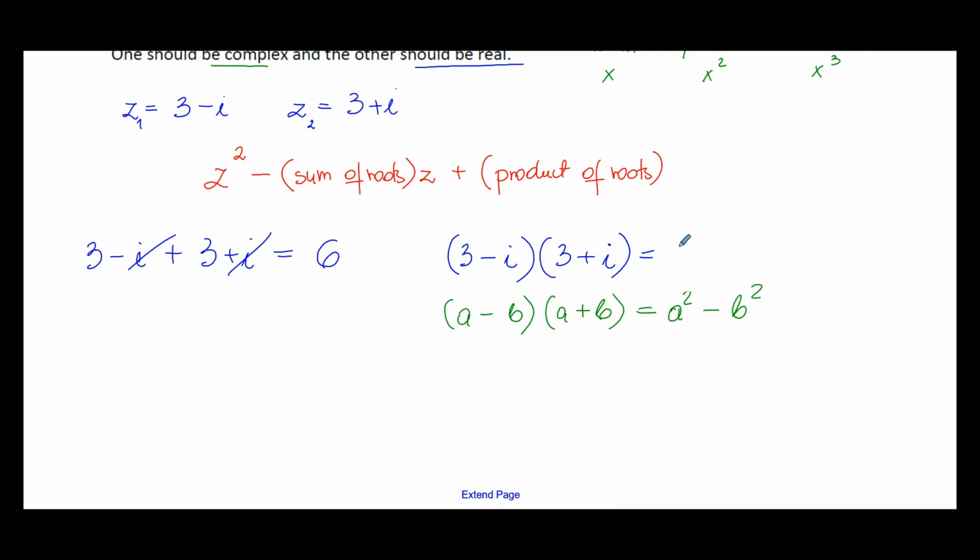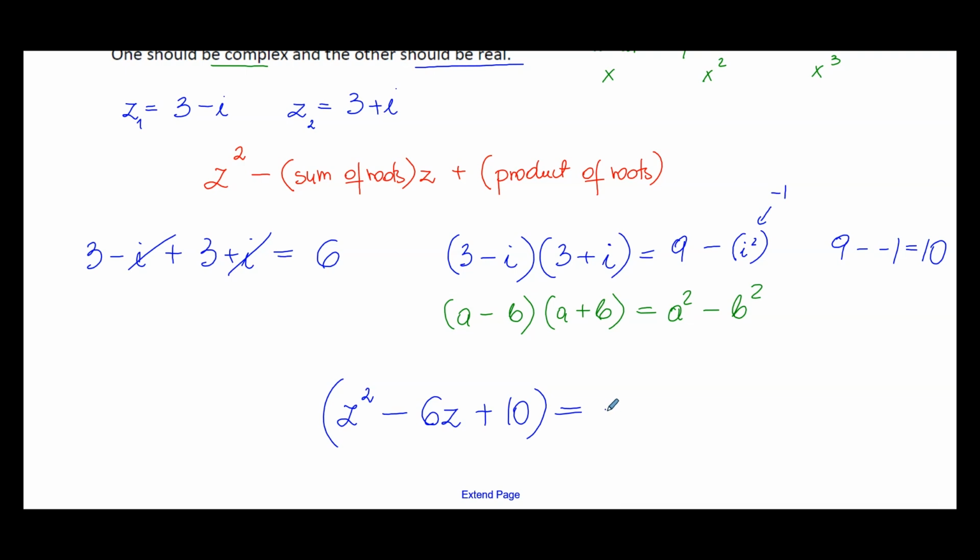In our case, that is 3 to the power of 2, which is 9, minus i to the power of 2, and I replace that with minus 1, so I have 9 minus minus 1, and in my calculator I get 10. So my quadratic factor will be z to the power of 2 minus the sum, which is 6z, plus the product, which is 10.